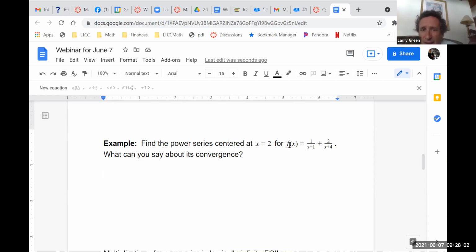All right, so now we have a function that's a sum of two functions. And if you look at the individual functions, do you all have an idea how you might find the power series for 1 over x plus 1? Any thoughts on how you might find that? Ignore the second piece, just the first piece.